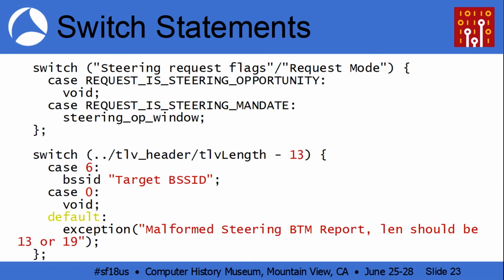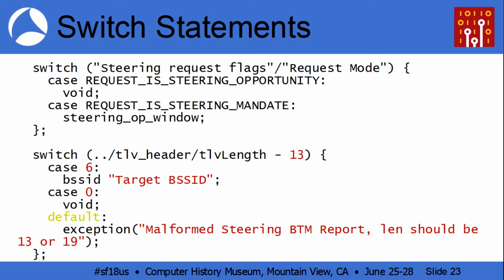Another switch statement here, this one says, go back up 1 level to the structure above us. So it's here relating to us, our structure being embedded in another structure. So go back up 1 level, go down in the TLV header and get the TLV length, and then subtract 13 from that.